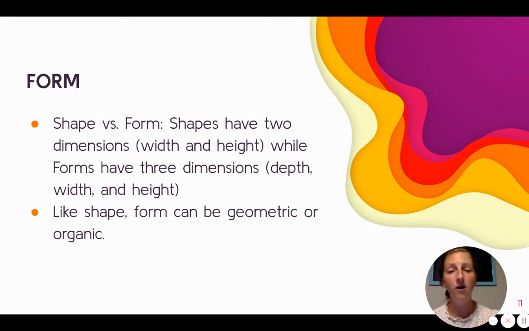In the same way, form can be geometric and organic. On the next slide, I have some drawings of both. We're talking rectangular prism, a sphere, cone, pyramid, any of those geometric shapes, geometric forms that you have learned about in the math classroom will fall into that category.